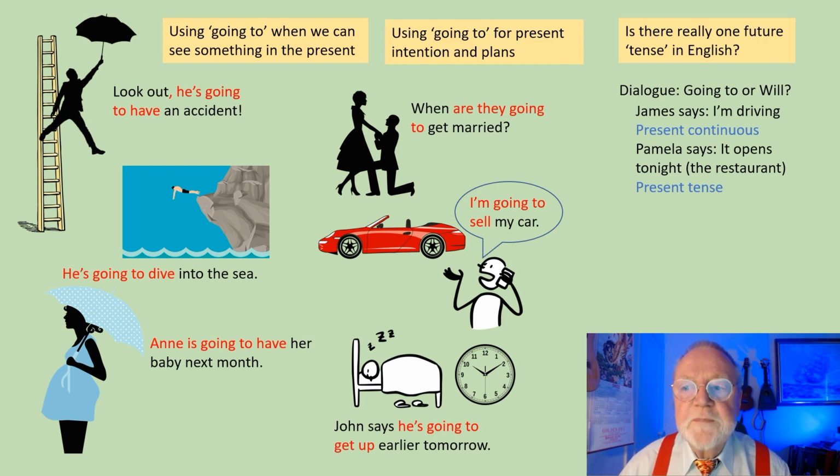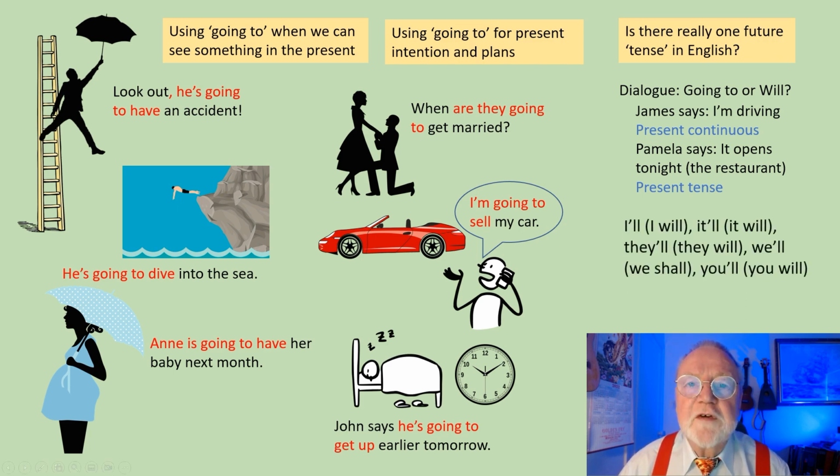And Pamela says it opens tonight, meaning the restaurant, and again meaning the future. So that gives us 4 ways. But don't worry, we'll speak about these other 2 ways in our next lesson. Listen carefully for the contractions: I'll, it'll, they'll, we'll, meaning in this case we shall, and you'll.